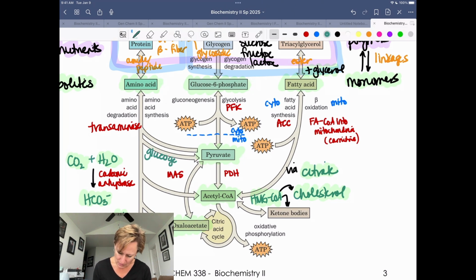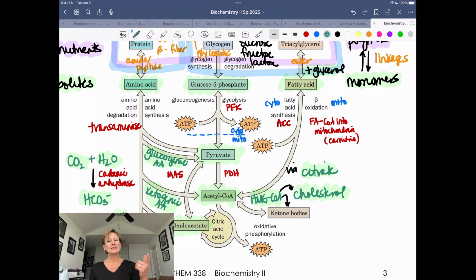So glucogenic amino acids, right? So from a metabolite standpoint, we've got glucogenic amino acids, and then we also have ketogenic amino acids. Those are the ones that can be converted into acetyl-CoA, okay?